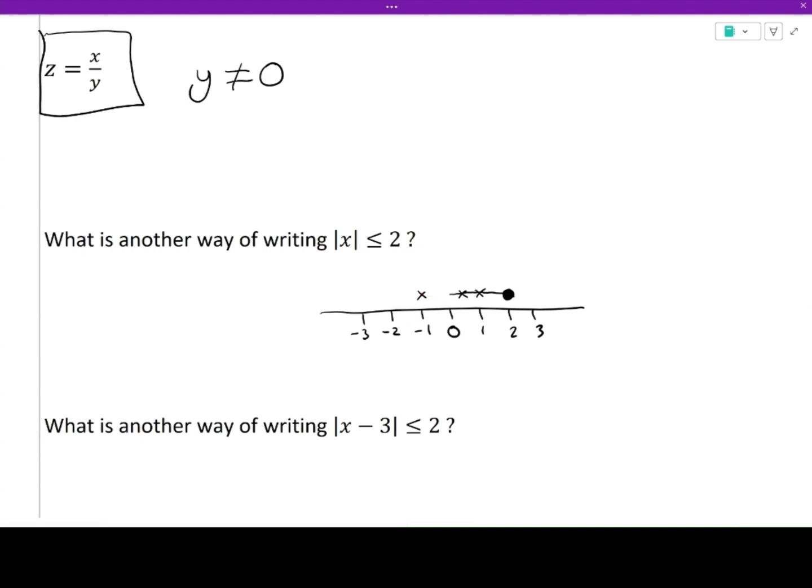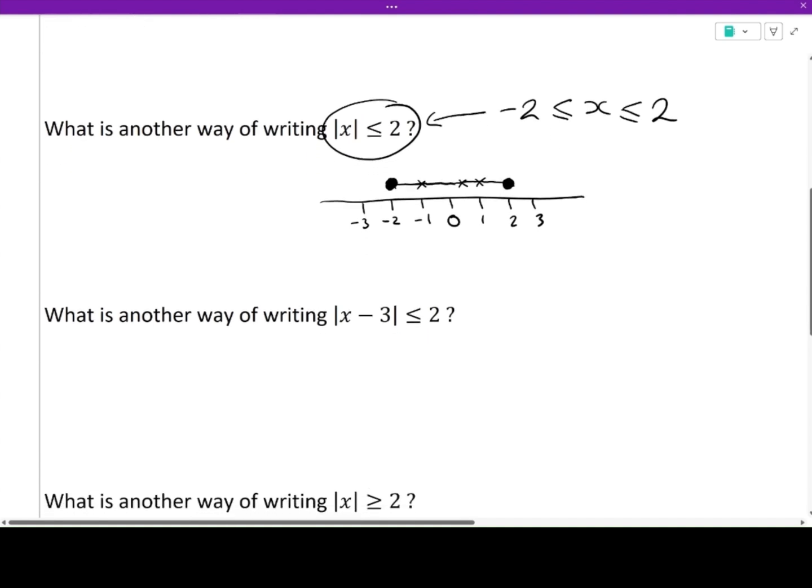And the same can be said for -2. That would have a distance of 2 from 0. So therefore, all the points that satisfy the inequality would be anywhere between -2 and 2. So I could rewrite this inequality here as the following, which is perhaps a format you're more used to working with. Okay, so those two things mean the same.